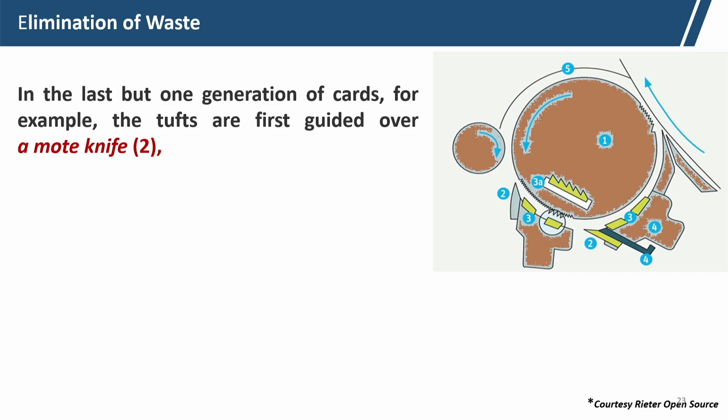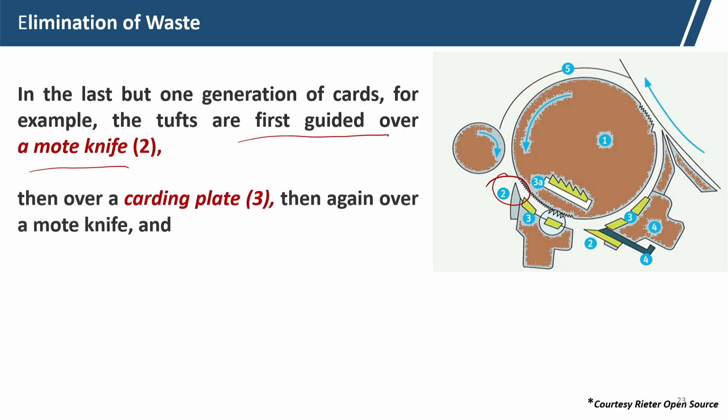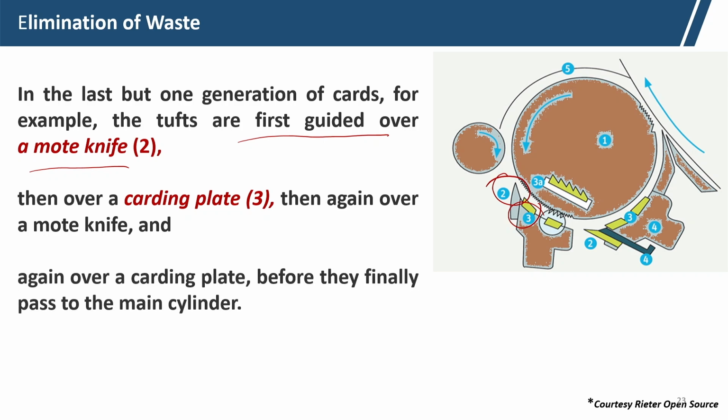For example, the tufts are first guided over the mote knives, this is the mote knife, then over the carding plate. This is the carding plate. The carding plate helps in a little bit of opening, again over the mote knife, again over the carding plate, before they finally move into the cylinder.